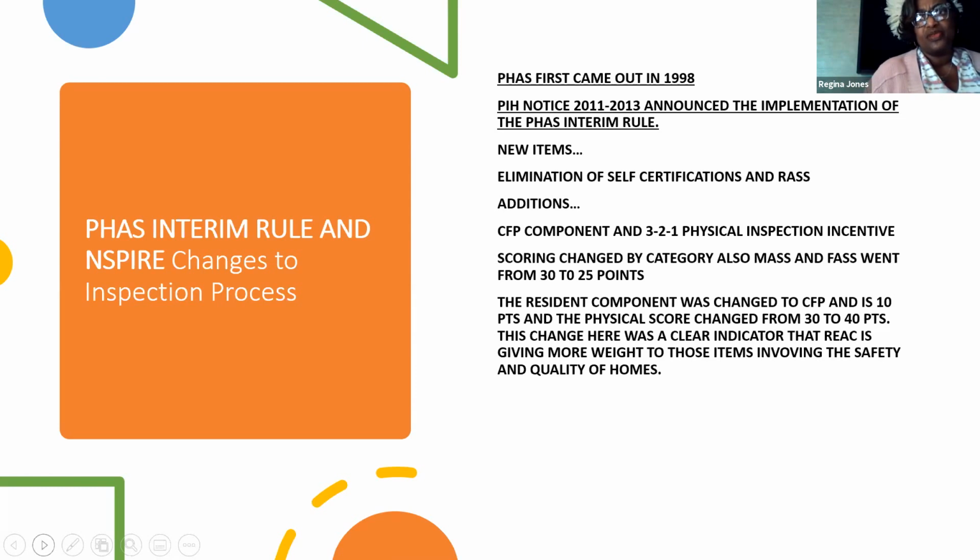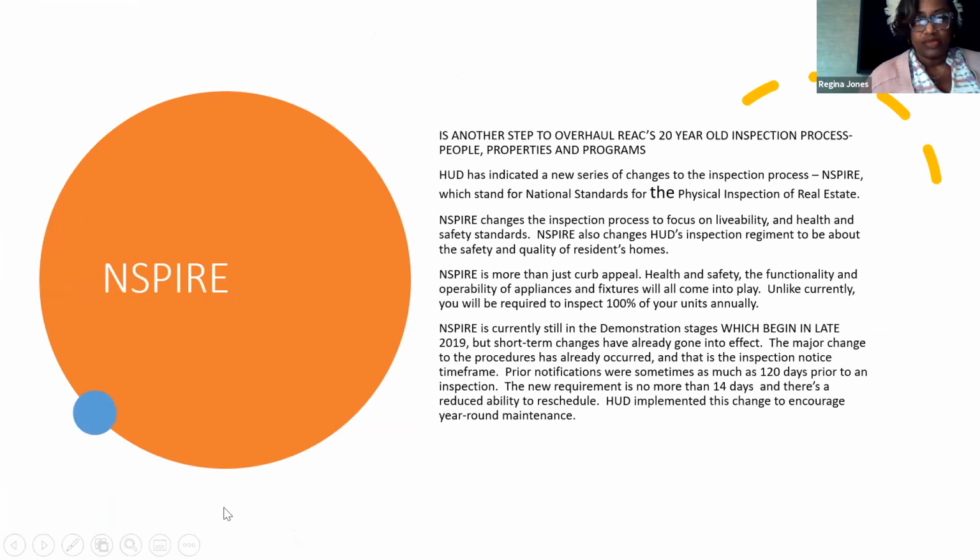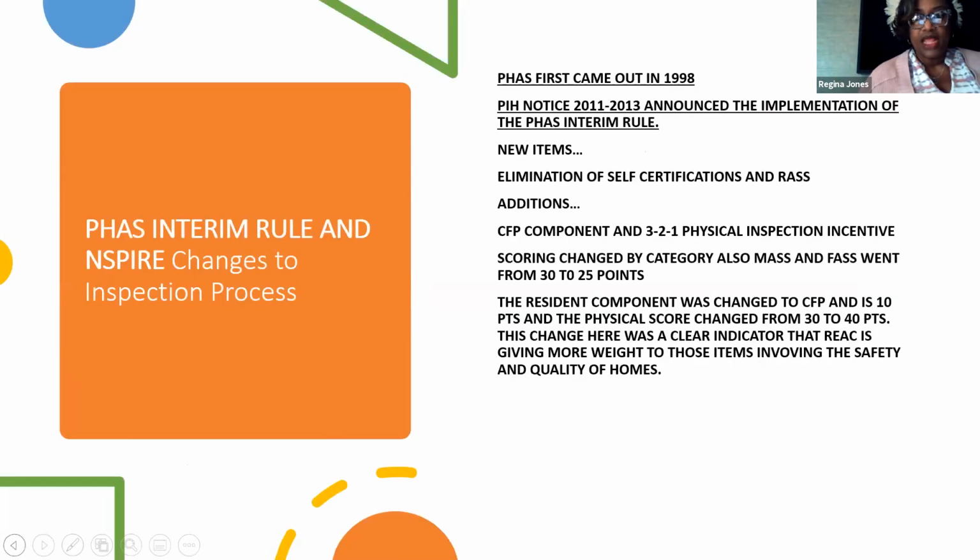I believe some 13 years later or so, there was the announcement of the implementation of the PHAS interim rule. And with that interim rule, there were some significant changes.